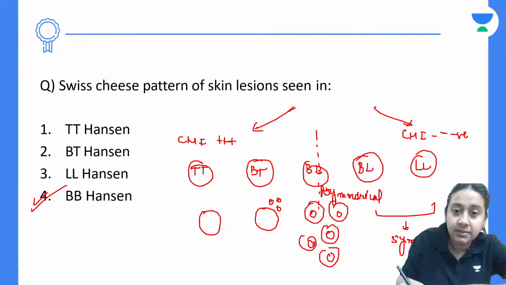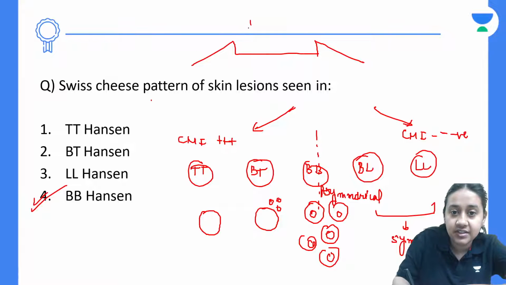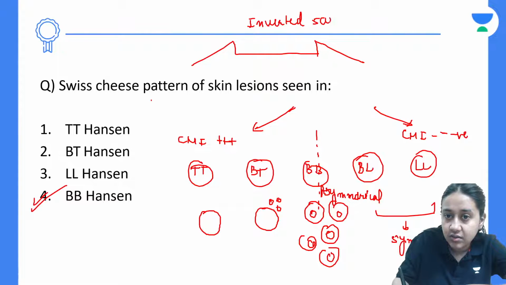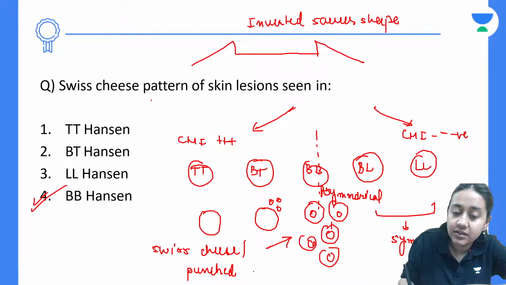Now, if you look at the BB lesions from the side, the lesions will have a sloping outer margin and a perpendicular inner border, and this appearance is known as inverted saucer shape appearance. When you look at it from the top, this will give you an appearance of Swiss cheese or punched out appearance.